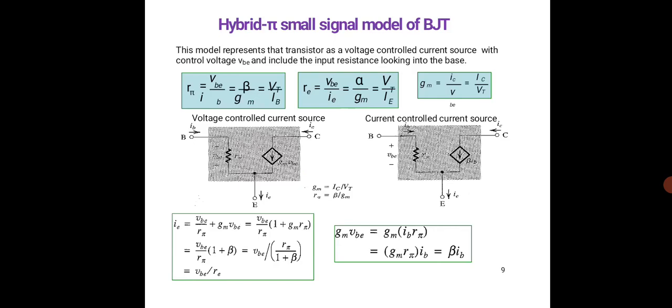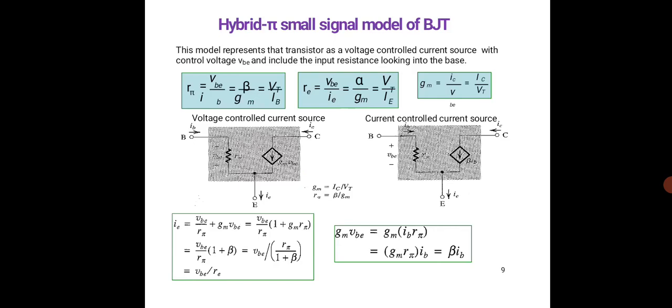So here you can see two circuits, one of which is a voltage controlled current source, and the other one is a current controlled current source. Okay, so here the approximations are gm VBE, which will be equal to beta IB, and similarly IE will be equal to VBE by re.